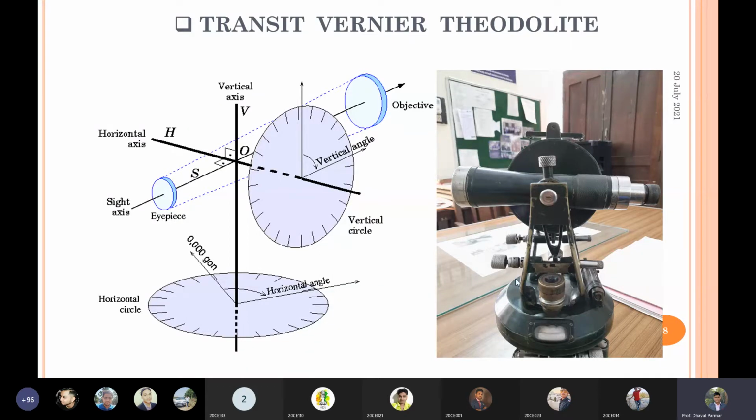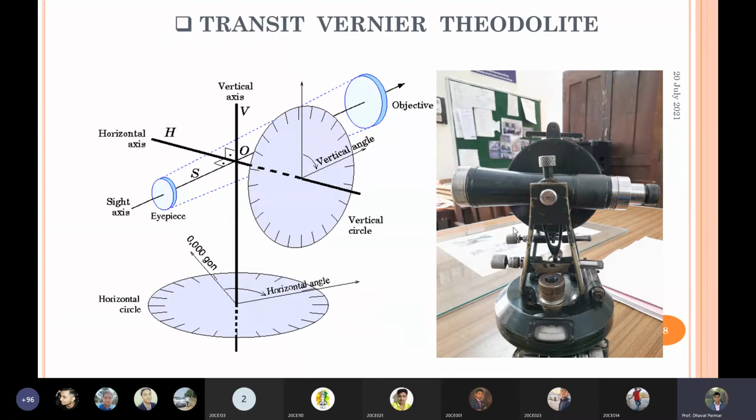Just imagine. If you rotate the telescope in a vertical plane, then it's called a transit theodolite, and if the telescope does not rotate in a vertical plane, then it's called a non-transit theodolite.